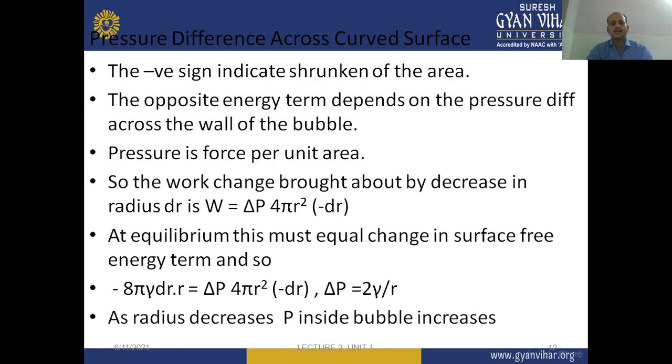With this equation, we can conclude that the radius of the bubble is inversely proportional to the pressure difference. As its radius decreases, the pressure inside the bubble increases.